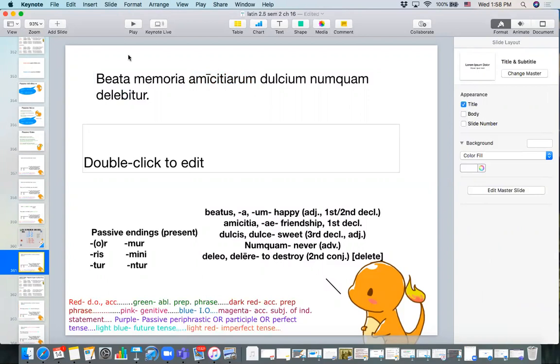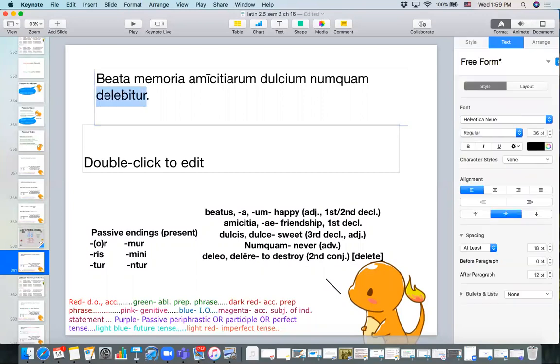So it's not that the happy memory of sweet friendship will actively destroy something. That would be weird sounding if a memory is destroying something. So delebitur is not only passive because it's got the TUR, but it is future because it's got the BI. Again, if we just took off the UR, it would be happy memories will actively destroy something.